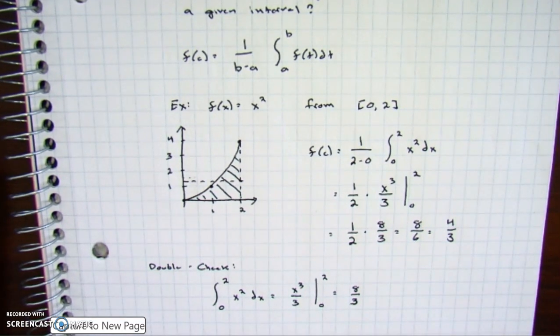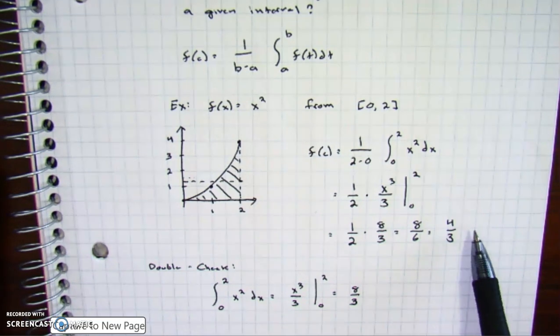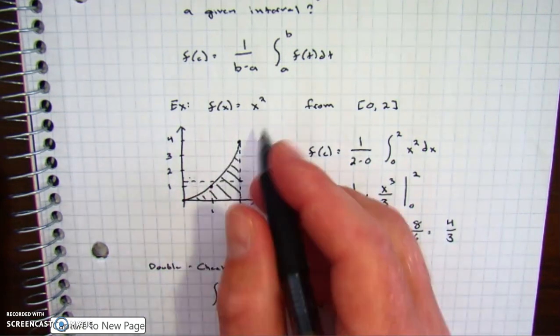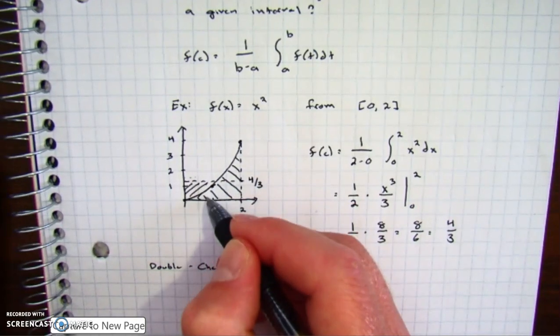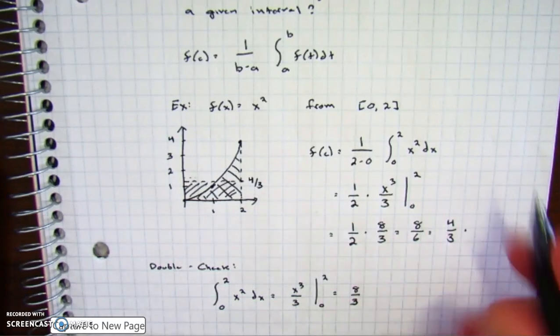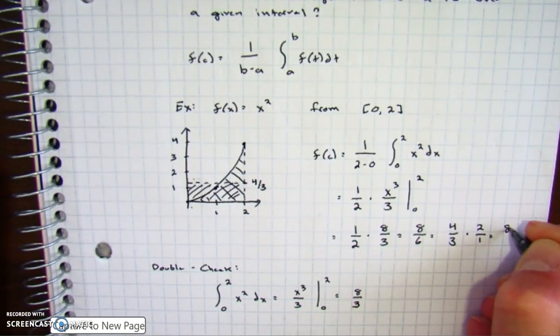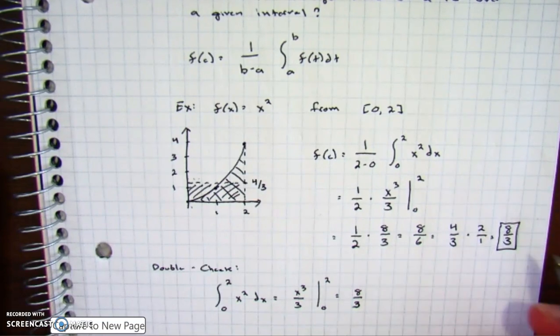You might ask, why is this 8/3 if we found 4/3? One thing to remember is that this is the area under the curve, so we have to multiply the 4/3 by the width of 2.